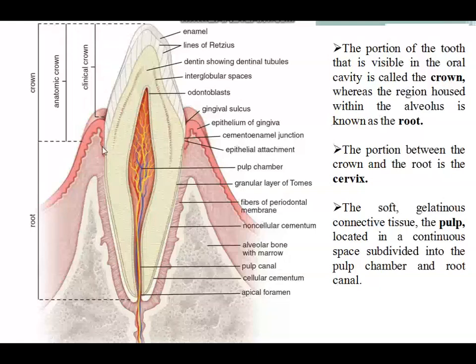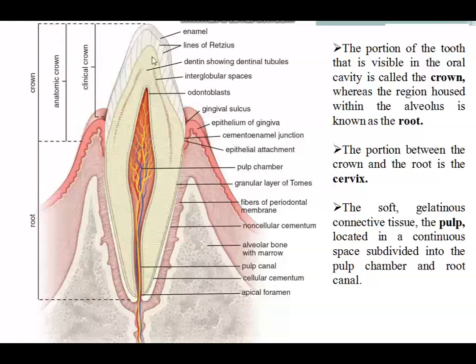It means that the enamellum is partially covered by gingiva, which covers partially the crown of the tooth. Inside of the tooth, we are looking at the cavity which is called the pulp chamber and root canal. Inside of them, we can see the pulp, the soft tissue of the tooth.